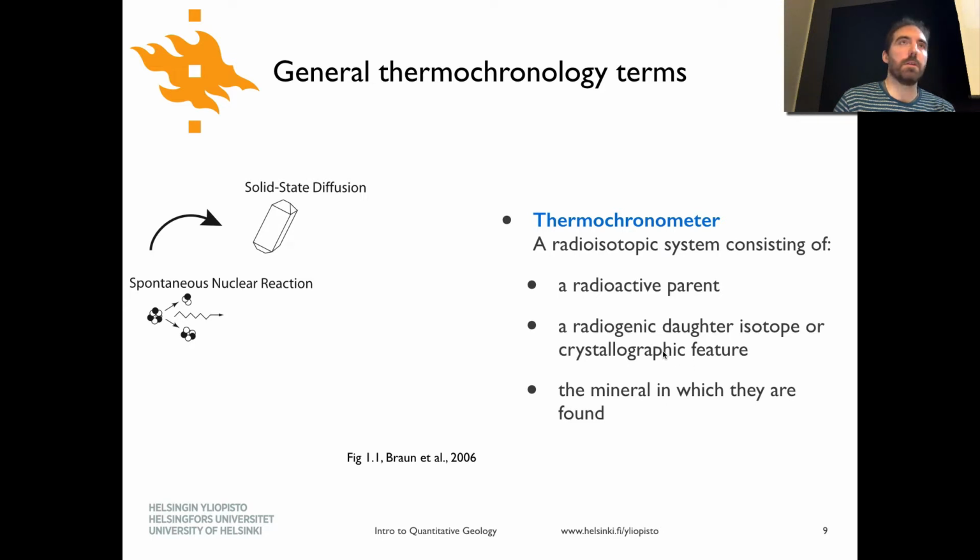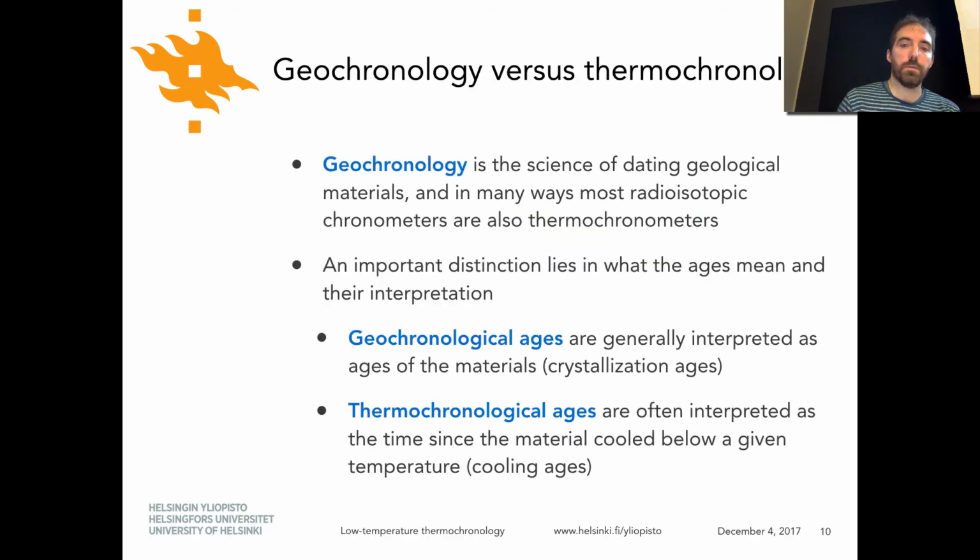It could also be some feature in the crystal that relates to radioactive decay, damage from decay, and the mineral that contains this system. So, nothing really fancy here. In fact, this is not really any different than a normal geochronometer. We have parent, daughter, and the crystal that holds the two.